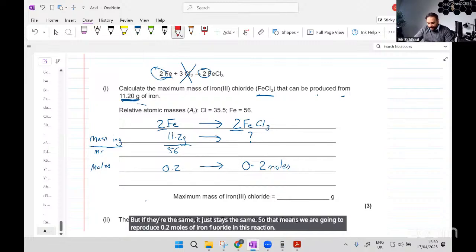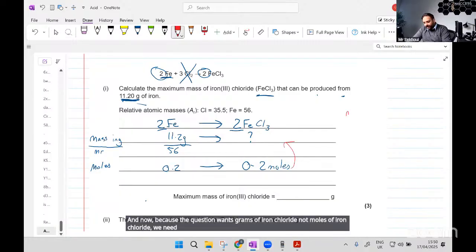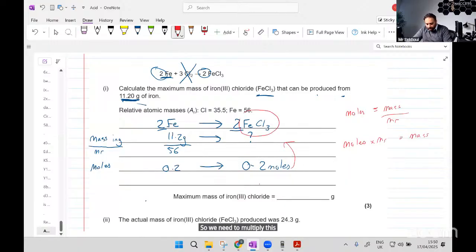And now, because the question wants grams of iron chloride, not moles of iron chloride, we need to turn this back into grams. Moles is mass divided by Mr, which means that moles times Mr will get us back to mass in grams. So we need to multiply this by the Mr of iron chloride.